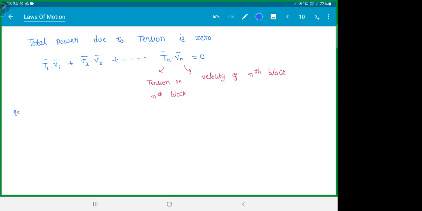Example. Let's take that simple example which we did. Now see, this is what we do in these kinds of questions. Step 1: label the tensions on each string.